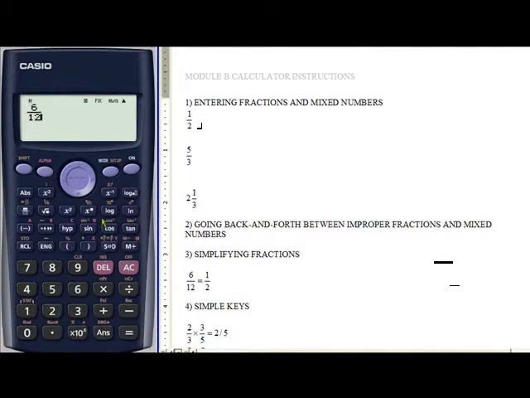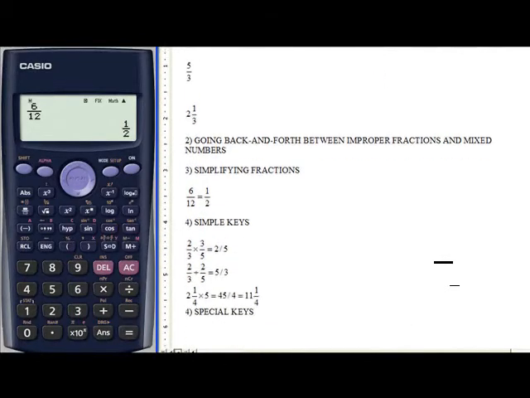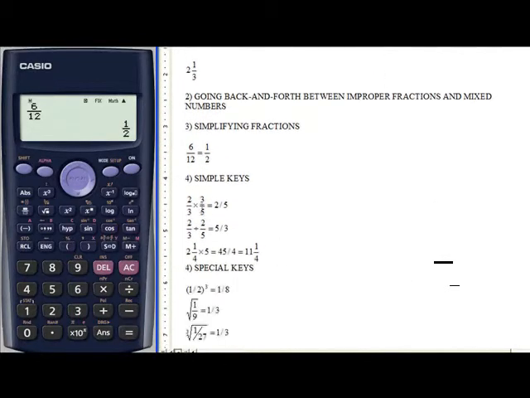6/12. And what happens? Look what happens when I push equal. And this is pretty much how it is in most calculators. So it will automatically simplify it. Let's say I want to do some simple operations, 2/3 times 3/5.